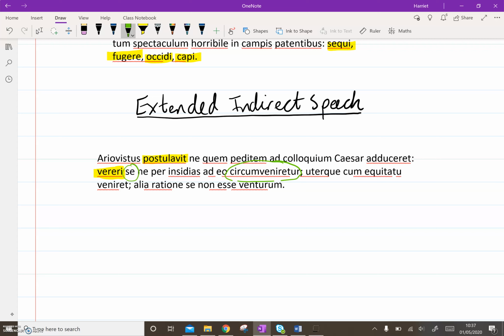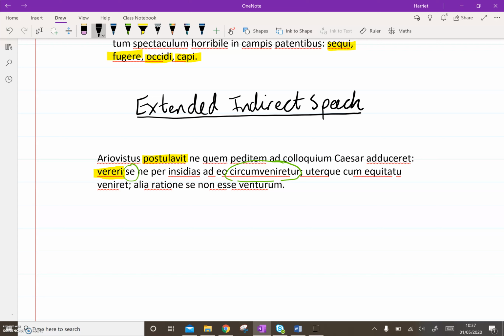Through a trick, per insidias. Okay. So you have, therefore, your original verb postulavit, but we've kind of put that to one side now. So we can just put in the word, and he said that. The point is that this Ariovistus guy is continuing to speak, so we don't need another verb.